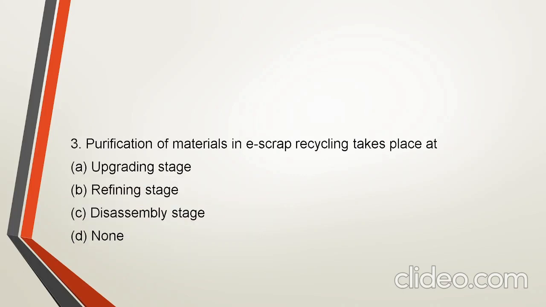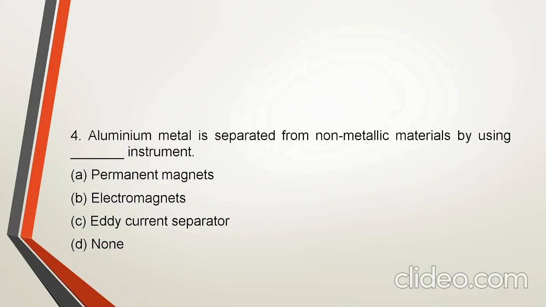Then purification of materials in e-scrap recycling takes place at what stage? B, ma'am. Yeah. Next question. Aluminium metal is separated from non-metallic materials by using what separators or what instrument? Eddy current, ma'am.